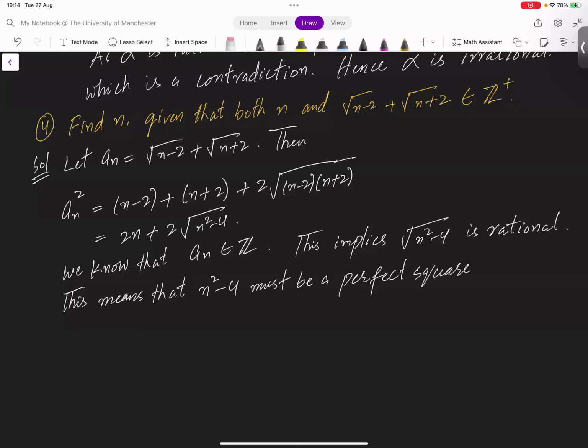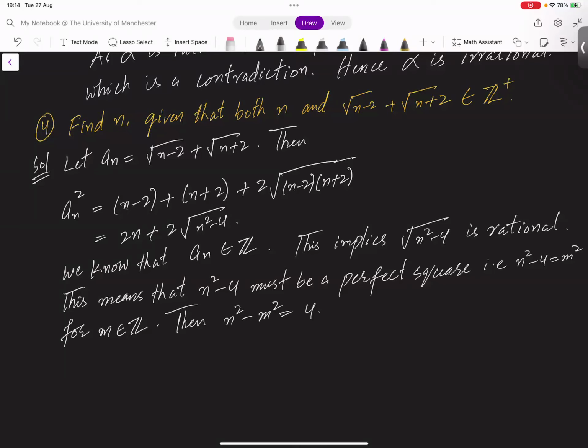Perfect square, i.e. n square minus 4 is equal to some m square for m an integer. Then n square minus m square is 4.